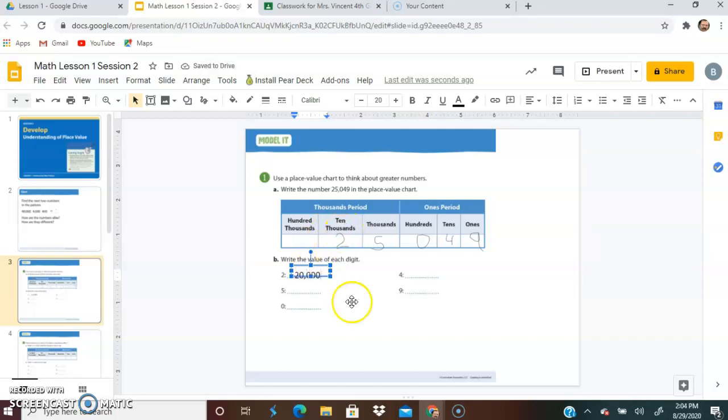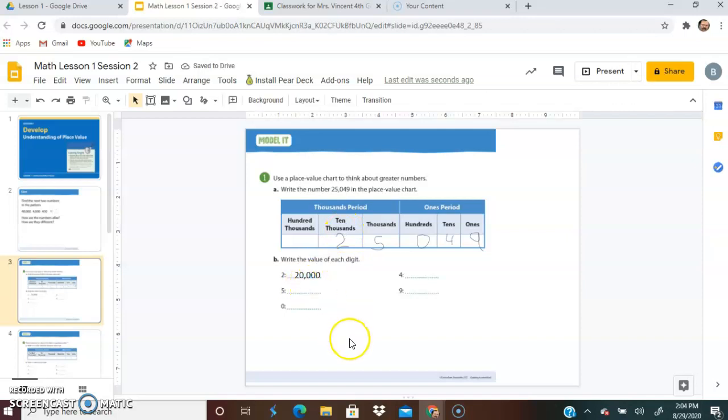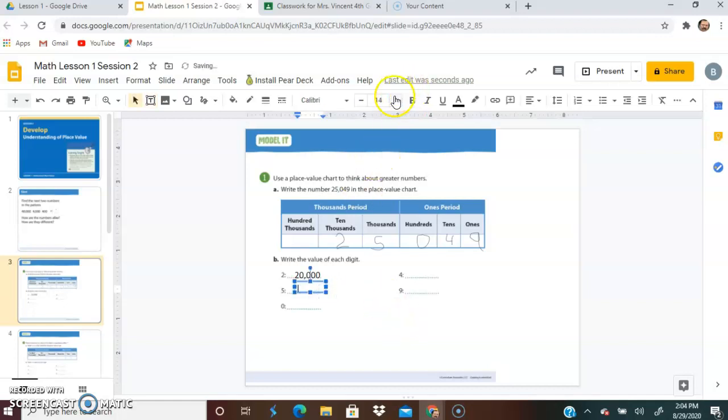So this is in the 10,000s place, and when I typed it here, it's in the 10,000s place still. So the value of the 2 is 20,000. Let's go to the 5. The 5 is in that thousands place, so its value is 5,000.